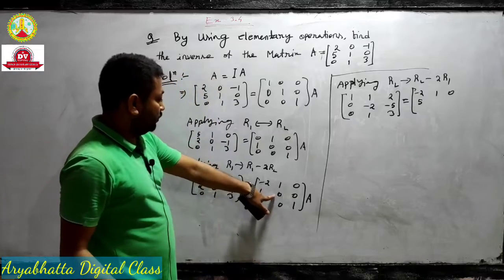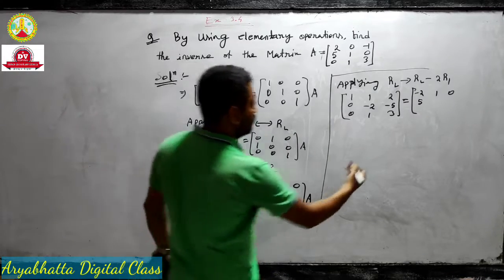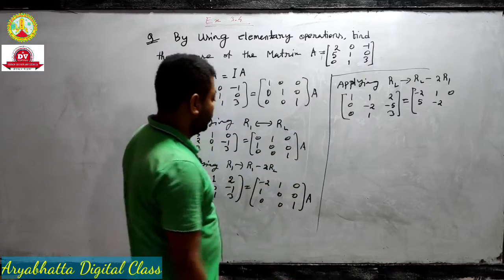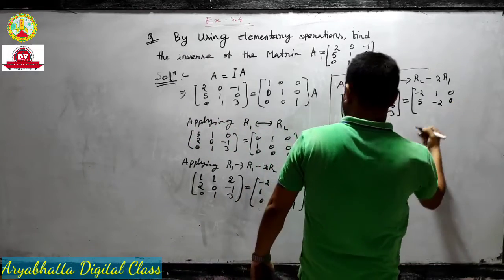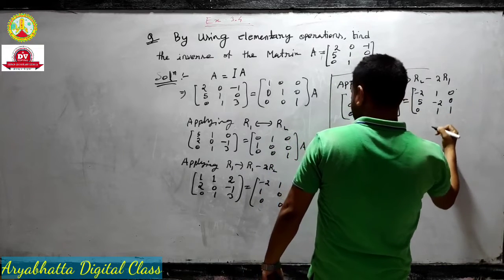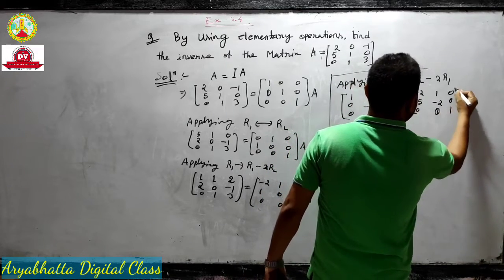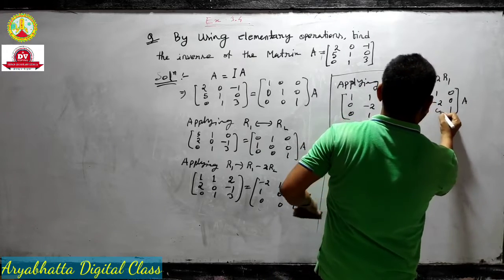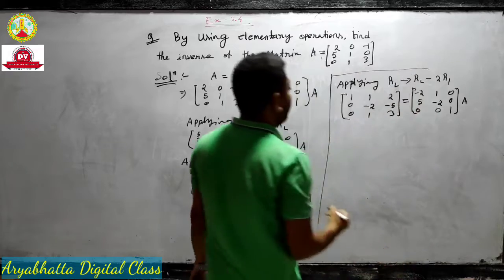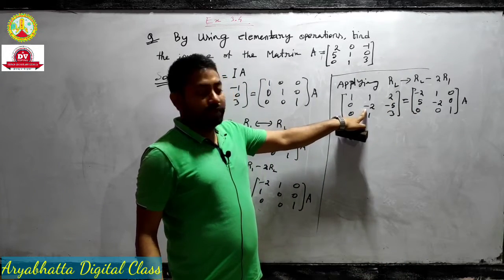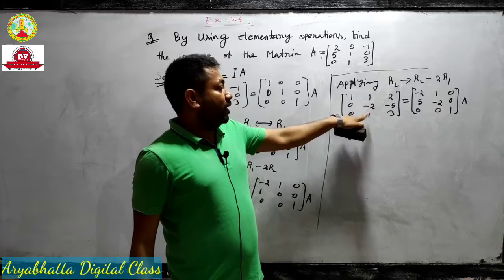For these elements, 0 minus 2, minus 2. For these elements, 0 minus 2 into 0, 0. And the last row elements are 0, 0, 1 into A. Next, for these elements we have to make them equal to 1.